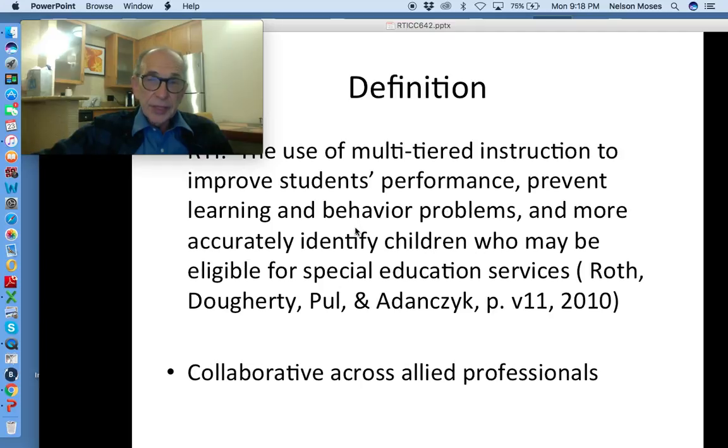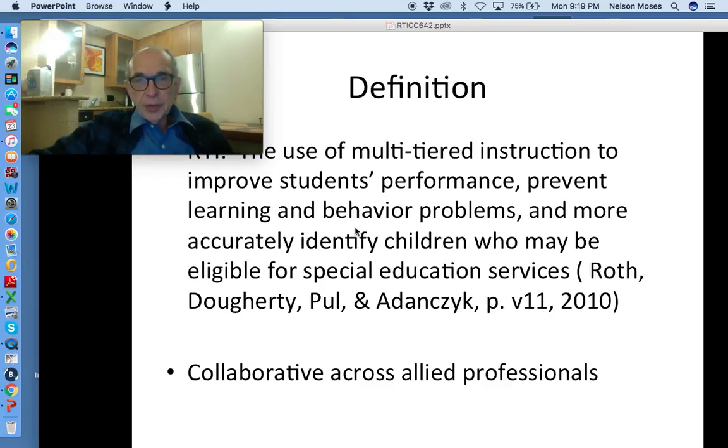It's not a mandated approach to education. Whether RTI takes place in a school is very much up to the principal. So you'll find some schools where the RTI model is used, and in other schools you may not find the model used.